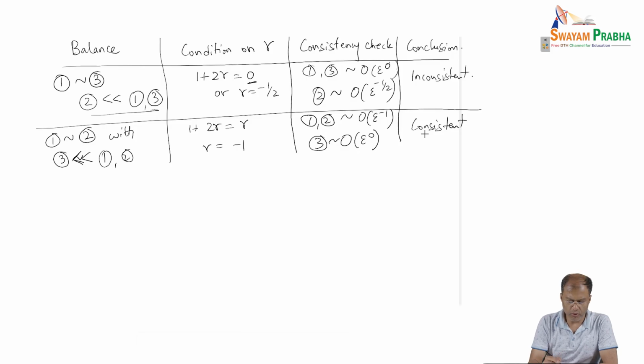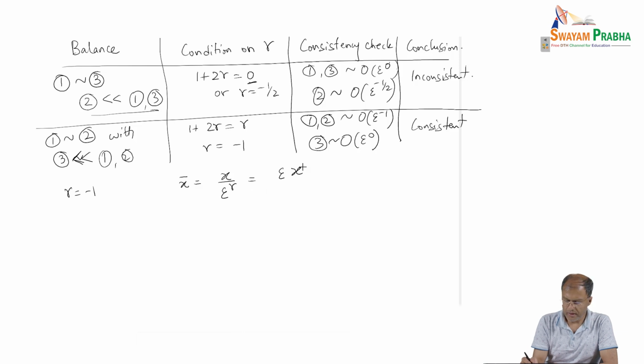So the final answer is that gamma is minus 1, and now x bar comes out to be, since we assumed x over epsilon to the power gamma, equal to epsilon times x, because gamma is minus 1.